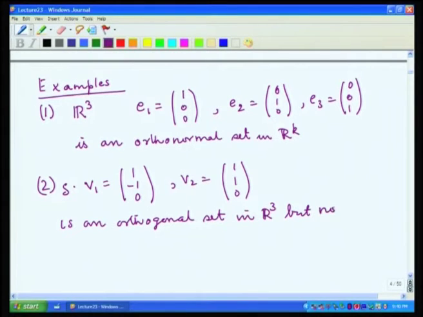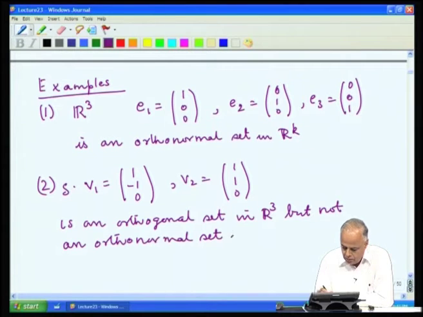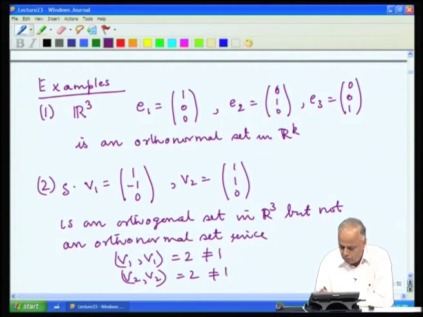The length of v 1 is square root of 2 and the length of v 2 is also square root of 2. So it is not an orthonormal set, since the squared length of v 1 is 2, not equal to 1, and that of v 2 is 2, not equal to 1.